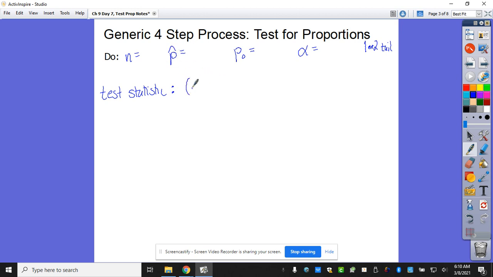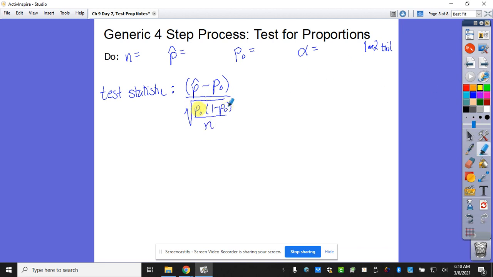So our value minus our population value, which is the hypothesized value here, divided by square root of, in general, p times 1 minus p divided by n. Well, which one would you rather use? If we have the one for the population, we'd rather use that. So that applies here as well. So p naught times 1 minus p naught over n.